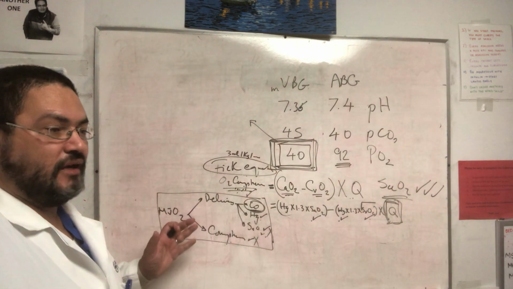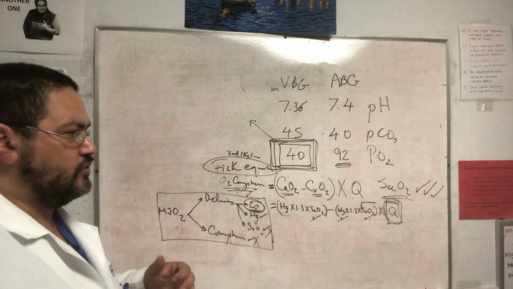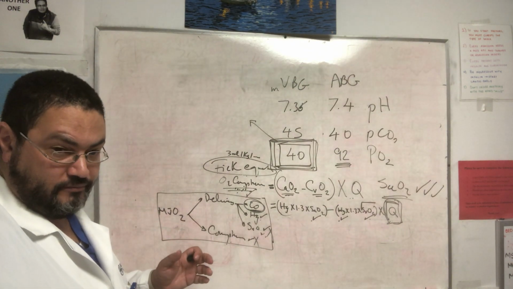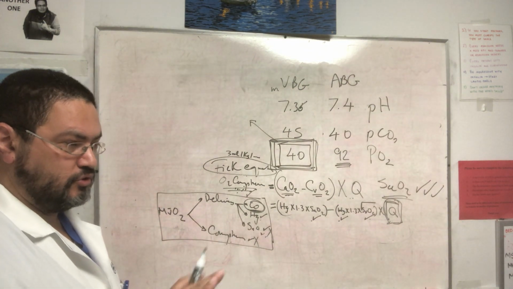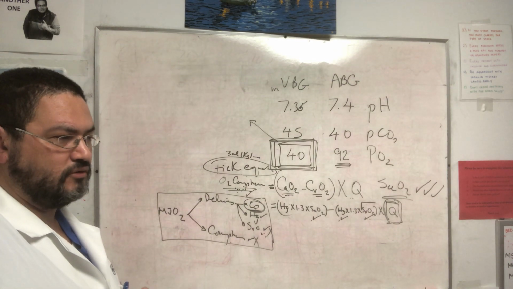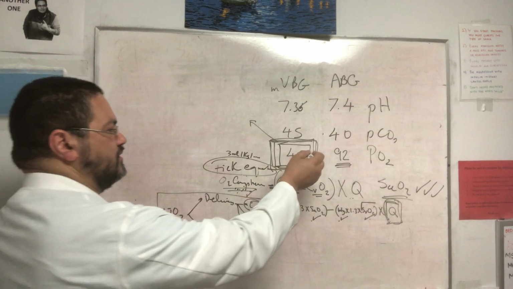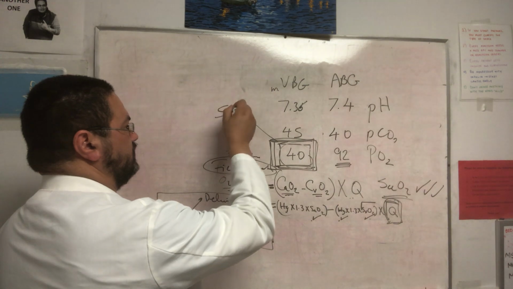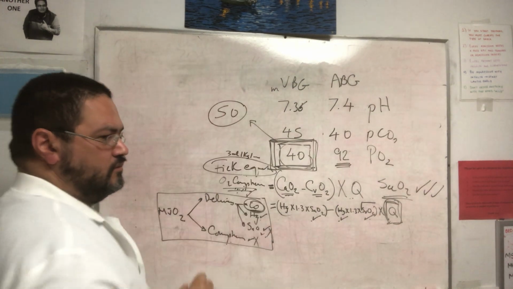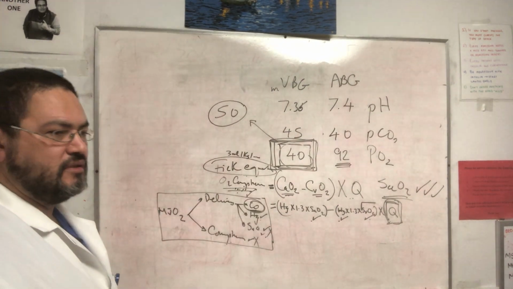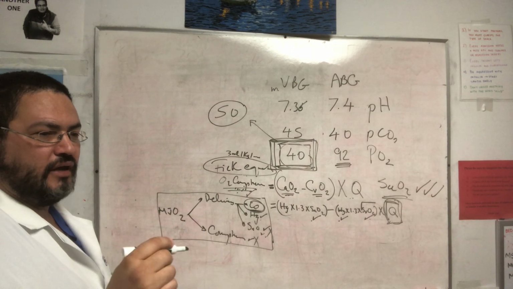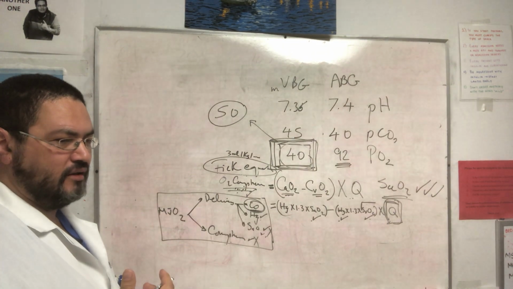So that's an amazing advantage of VBG over ABG. You can never get that with an ABG, right? Add to that, which is the same point, if this is high, what does that mean? That means that it's distributive shock. I like the high.